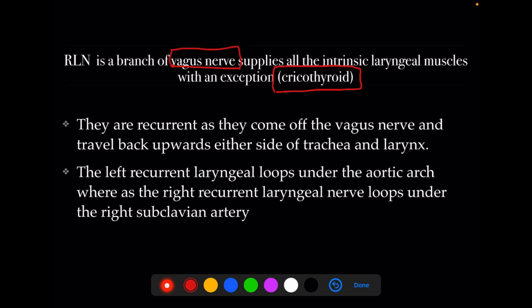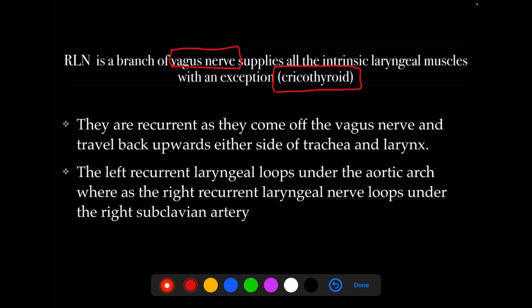The left and right recurrent laryngeal nerves have some anatomical differences. The left recurrent laryngeal nerve loops under the aortic arch, whereas the right recurrent laryngeal nerve loops under the right subclavian artery.